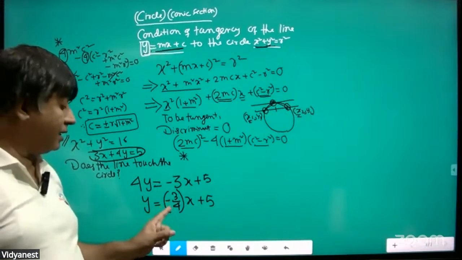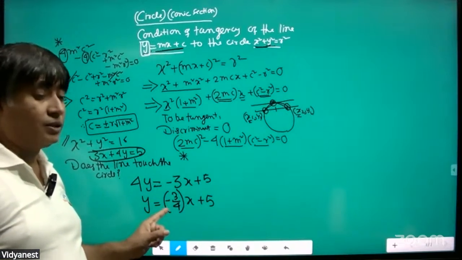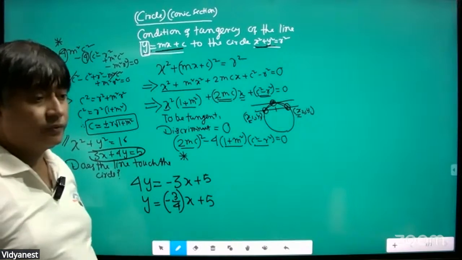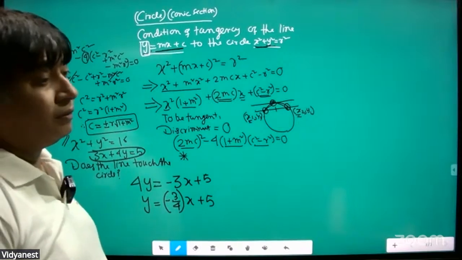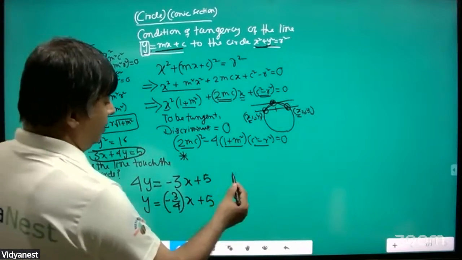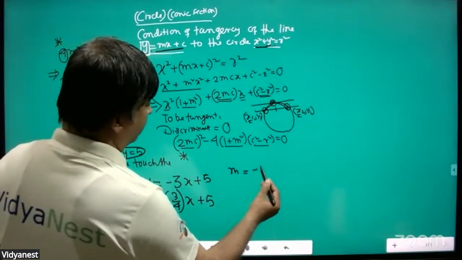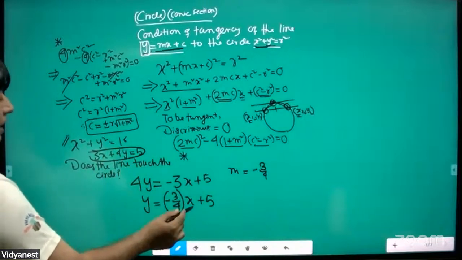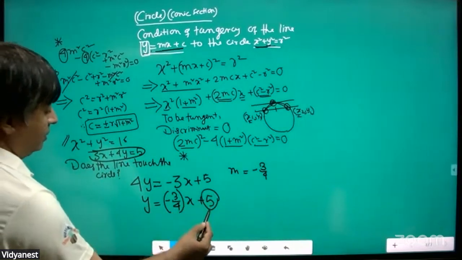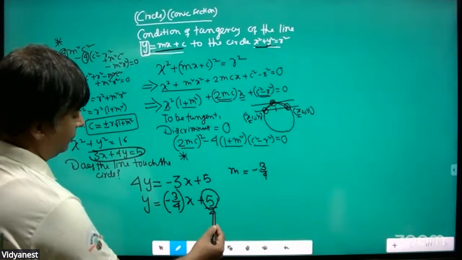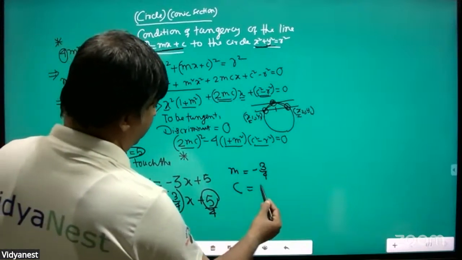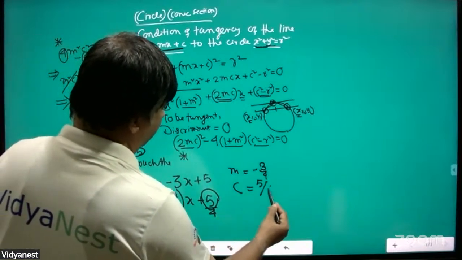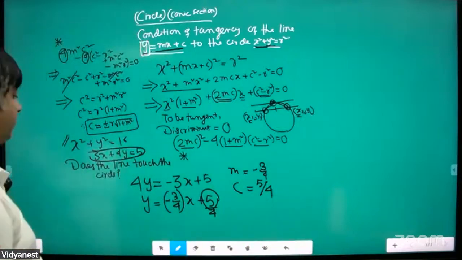ना बोलो इसका स्लोप क्या है, ये लाइन का स्लोप क्या है? -3/4. वेरी गुड. तो m is -3/4. Now I will put c, clearly visible. C is 5/4.